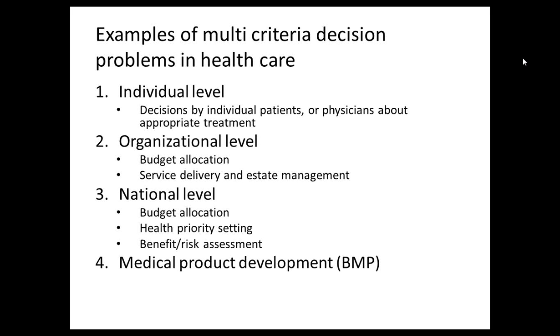On the organizational level, budgets are constrained and have to be allocated over different parts of, for instance, a hospital, but also the way in which service is delivered and estates are managed can be supported with multi-criteria decision analysis. On the national level, we have some experience with budget allocation decisions, health priority setting, and benefit-risk assessment. And also in the field of medical product development.